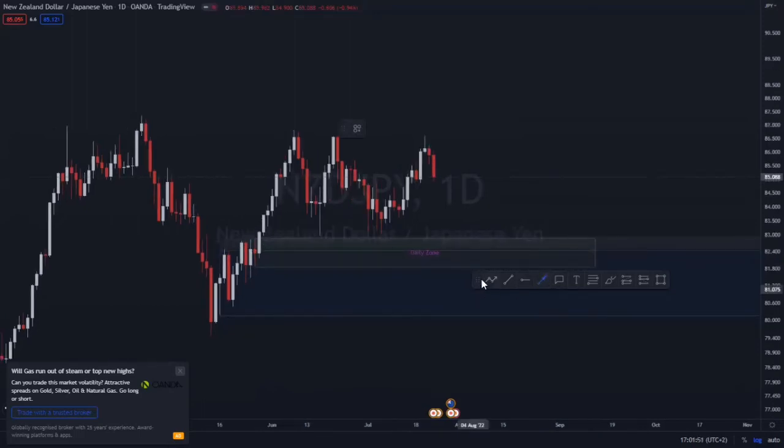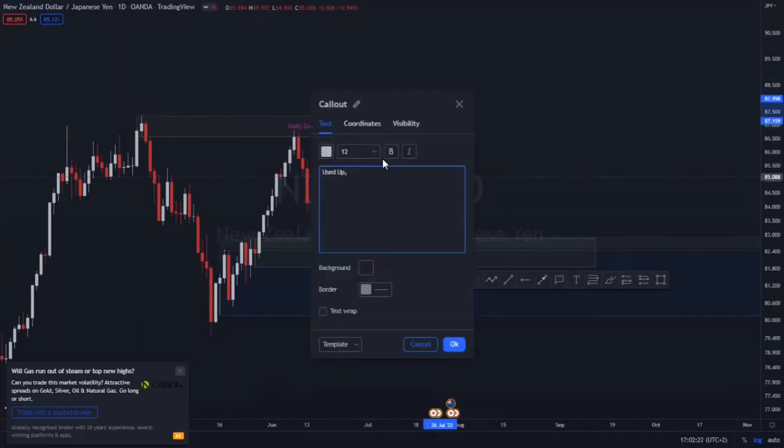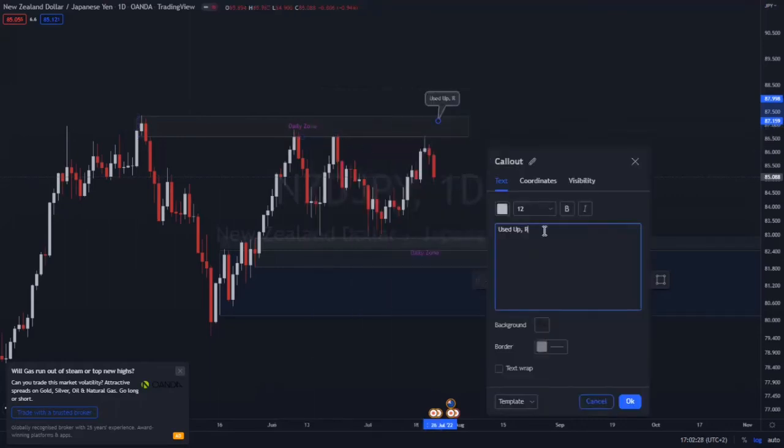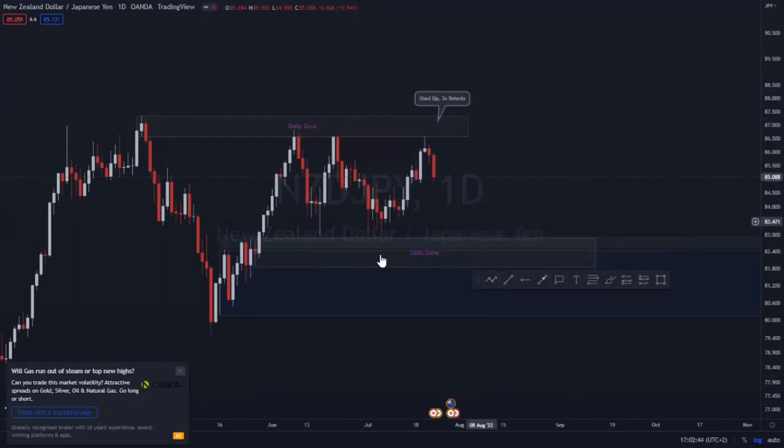Now, this is what I see. The market's currently reacting from the supply over here. And the supply is actually used up. Why? Because there's been, let me see, 1, 2, 3 retests. So, looking at this, the market might go lower to take out the zone and then move towards the upside, right?